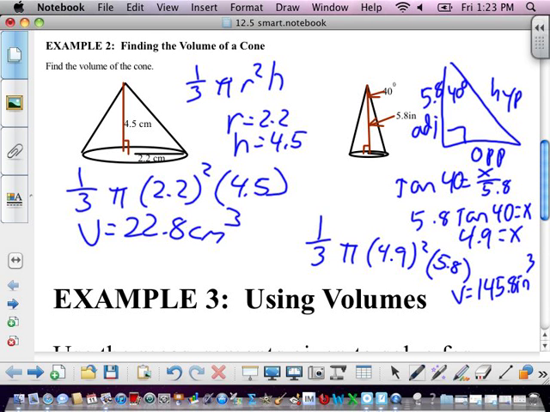Okay, we're going to look at example 3 then. Example 3, we've got the volume. We're going to try to find what's missing. For that one, the opposite side is x, right?